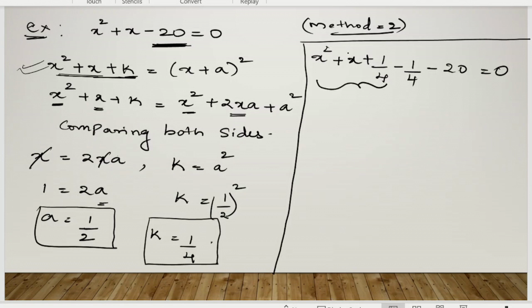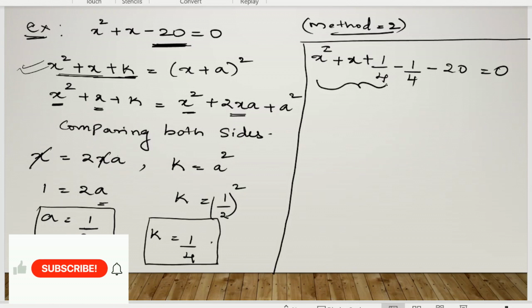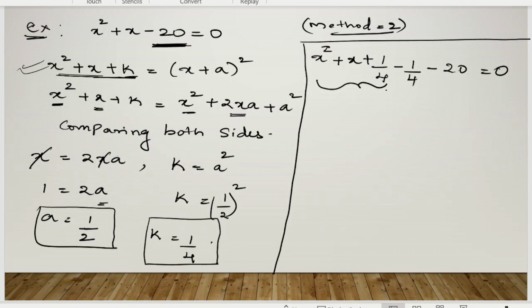If you see till here, x square plus x plus 1 by 4, do you see any identity? You can see the identity (a plus b) whole square is equal to a square plus 2ab plus b square. This is x square.